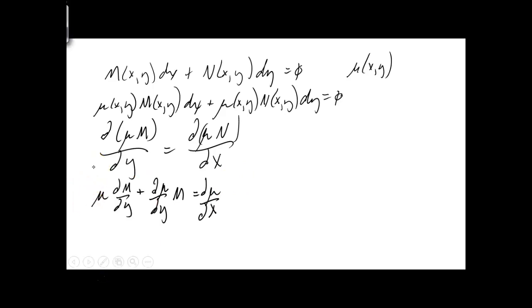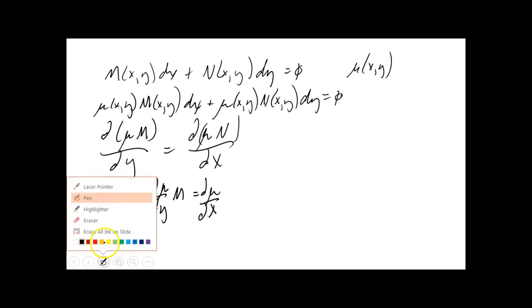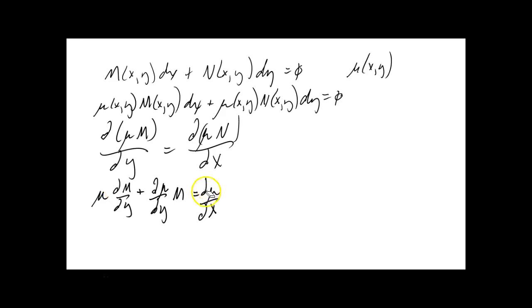Okay. They're skipping some steps. I'm showing you where the steps come from. Product rule here says first times the derivative of the second plus the second times the derivative of the first equals, and then I thought you were going to do the other. Yeah, I probably should have. Well, they skipped steps is what it was.